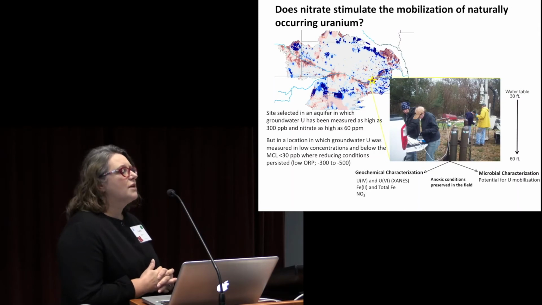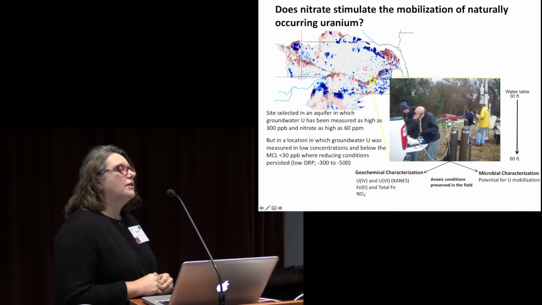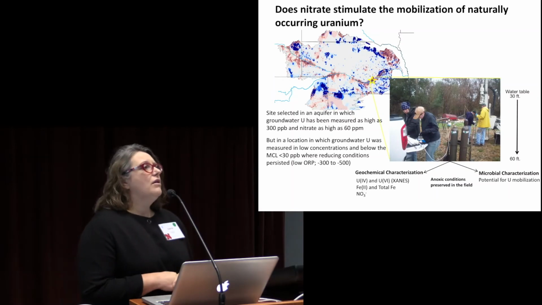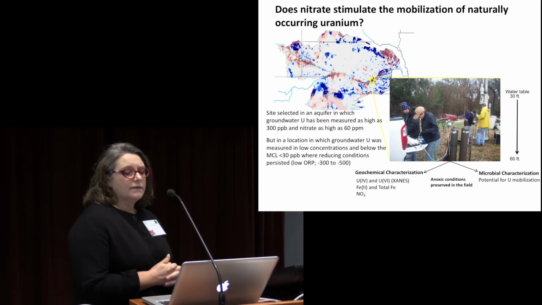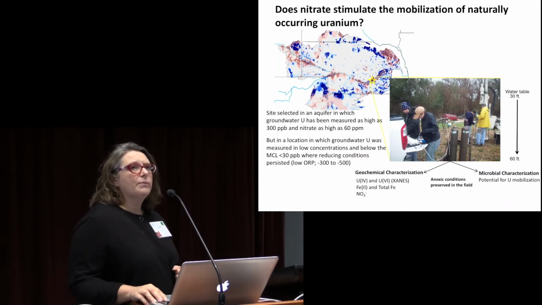As soon as those cores come up from the ground, we immediately place those cores under an argon atmosphere to make sure that oxygen does not alter the redox state of those reduced species in the subsurface. We then bring it back to the lab and immediately process everything in an anaerobic glove bag to make sure we do maintain those anoxic conditions, and characterize them.